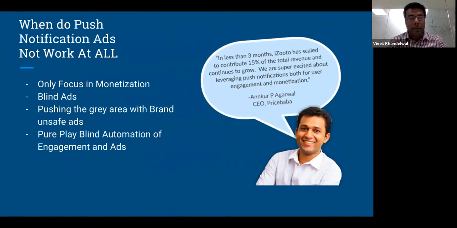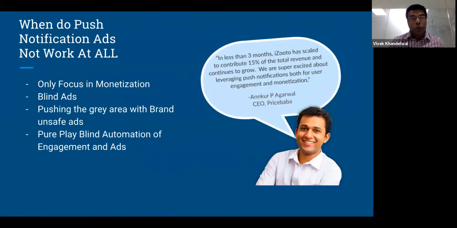Complete automation of engagement along with ads can also be detrimental. A classic example of this is when you plug in your RSS feed with your push notification service provider, and if you are publishing 50 stories a day, or 40 stories a day, or 100 stories a day, it will essentially result in 50 or 40 or 100 notifications being pushed out to your users.